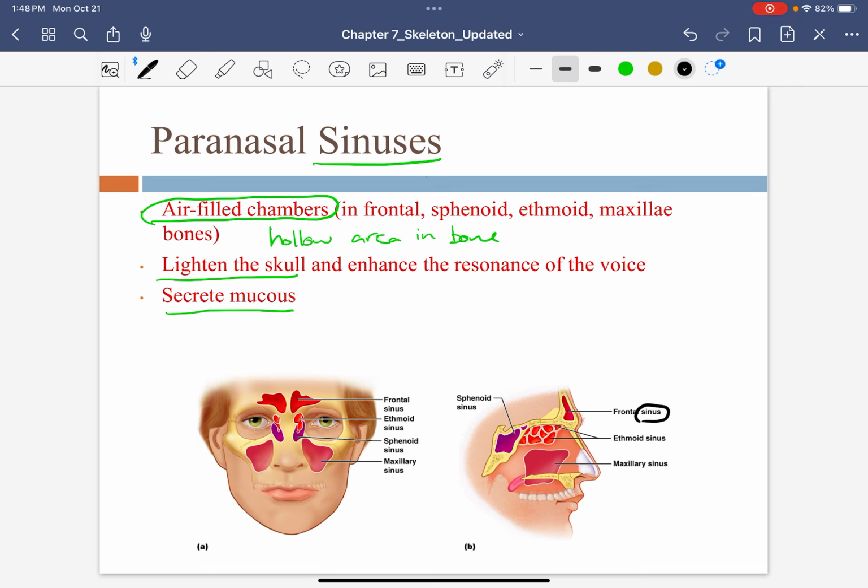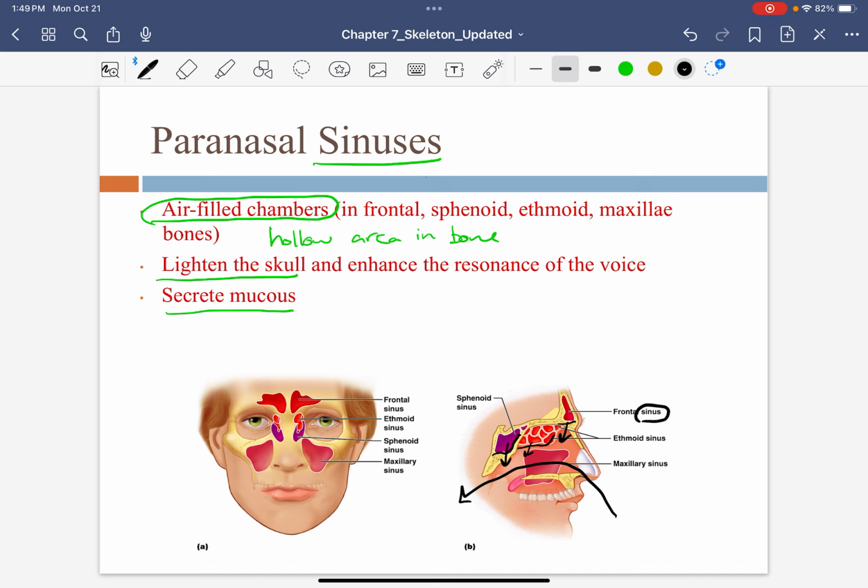So here we can also see the nasal cavity. Here's the nasal cavity. We breathe air in. So there are these sinuses that line the nasal cavity. They can secrete mucus to help filter incoming air.